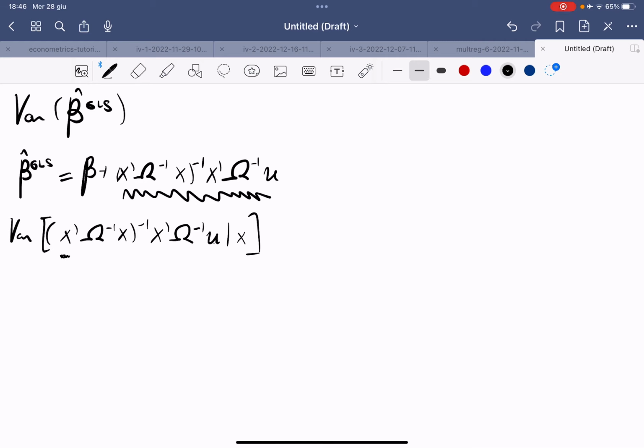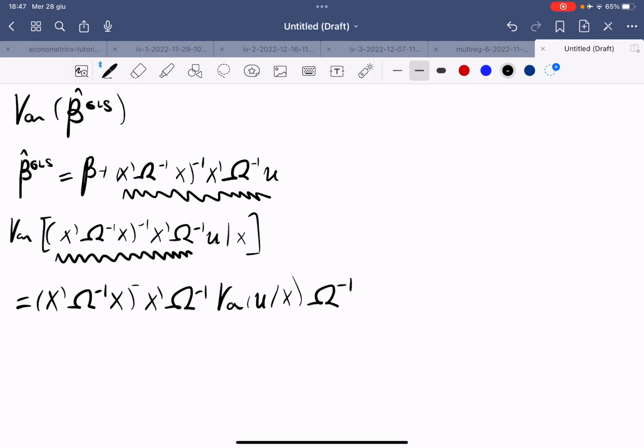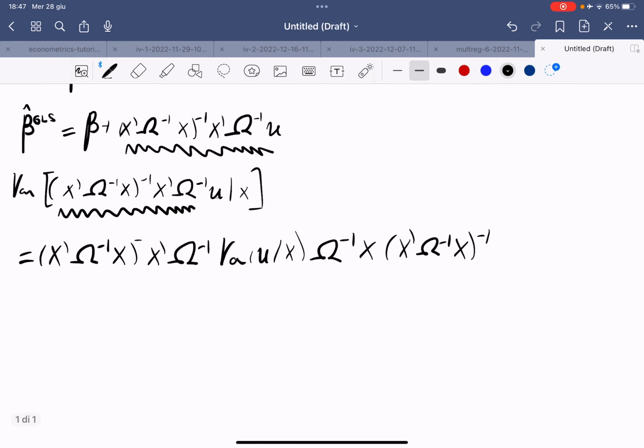So we have that this is equal to x transposed omega inverse times x all inverse times x transposed omega inverse times the variance of u given x times omega inverse times x, times x transposed omega inverse x all inverse. Now we know that the variance of u given x is equal to sigma squared times omega.